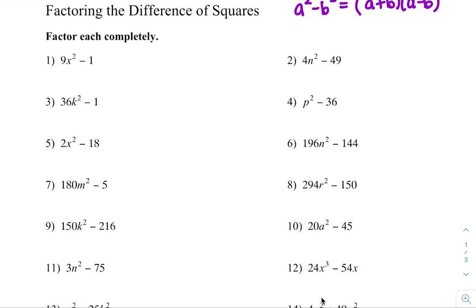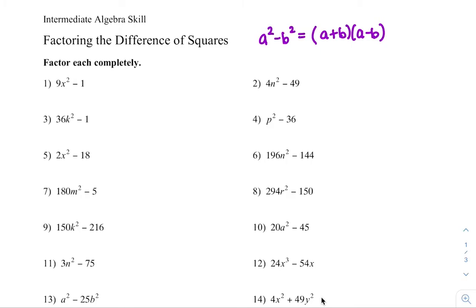Now I wrote down the formula right there for you so that you can see it. So we have two terms and a subtraction sign. Let's see if we can think of what times itself would give you 9x squared, and minus what times itself would give you 1. Again, a simple thing is you could take the square root of both of them separately, and that should help you.